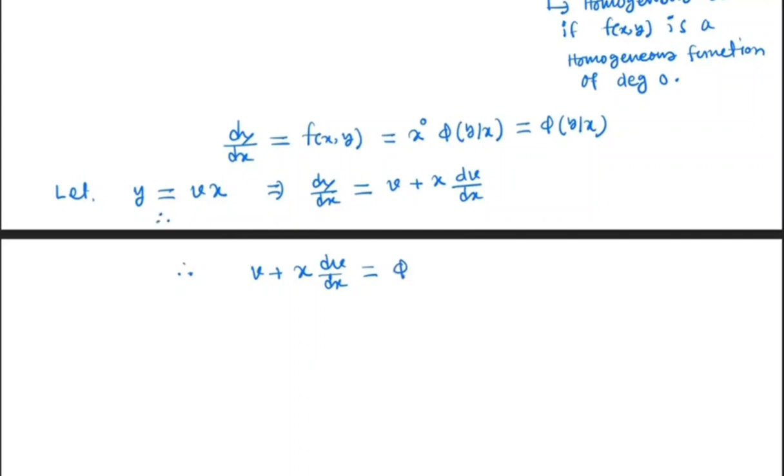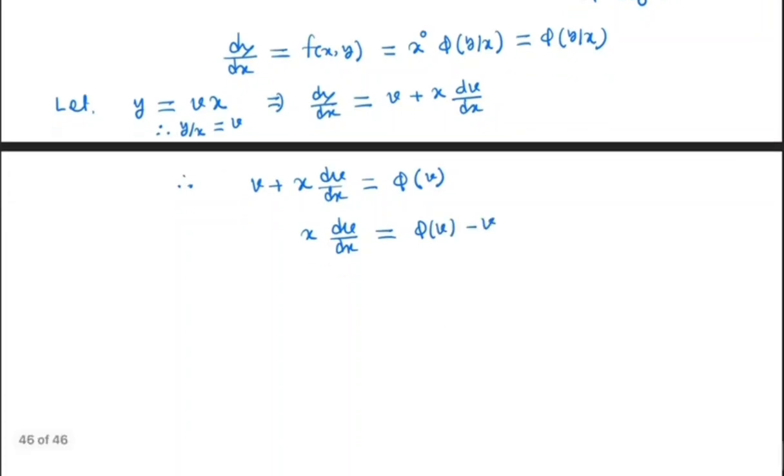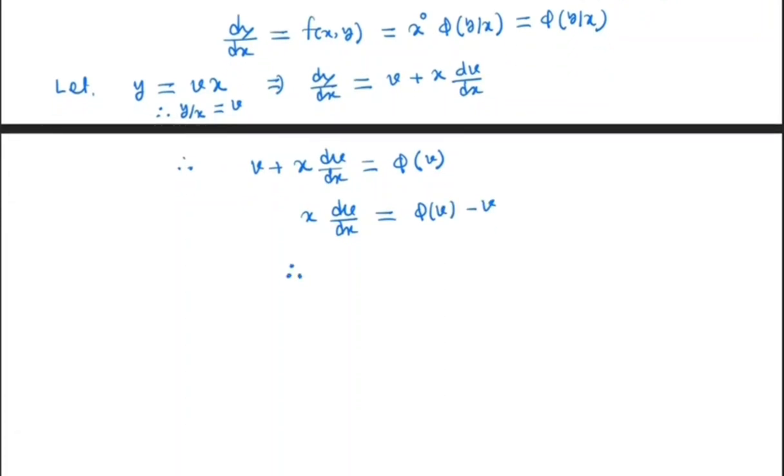Note that here y by x is nothing but v. So it is equal to phi of v. So we have x dv/dx equal to phi of v minus v. So we get a separable ODE, and we can separate it like dv by (phi of v minus v) is equal to dx by x.